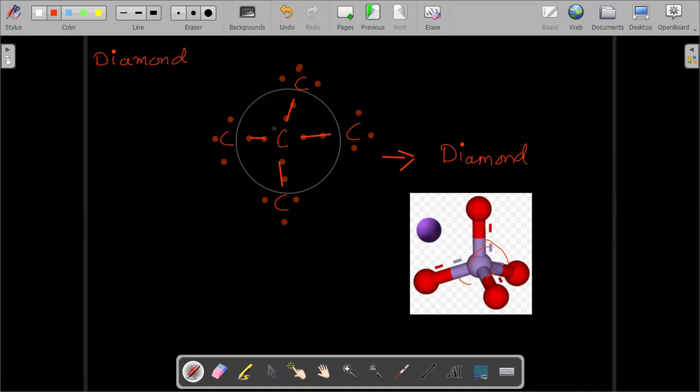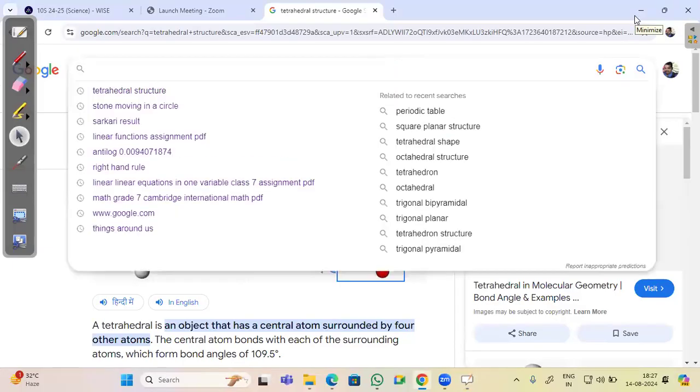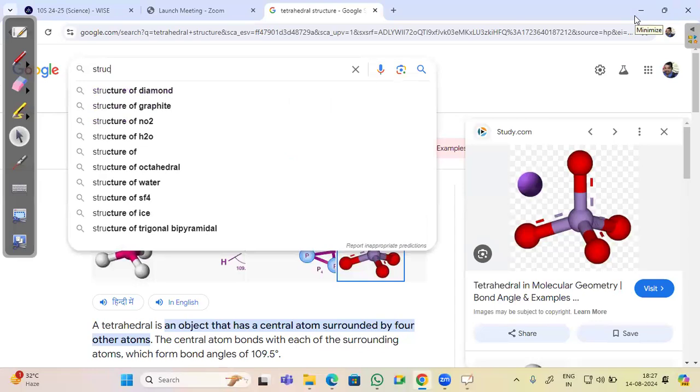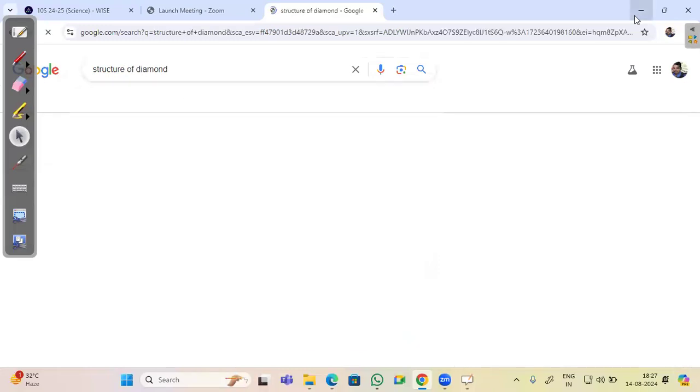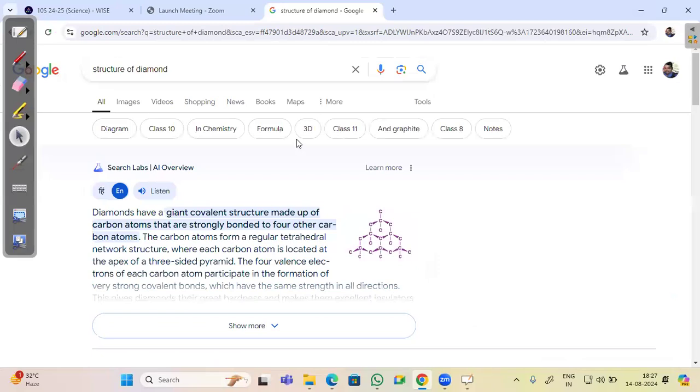If you observe this structure, you can observe the structure something like this also. See, if I give you the structure of diamond, this is how it looks like.